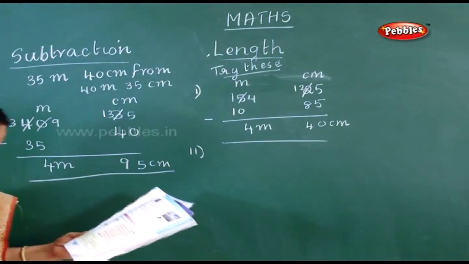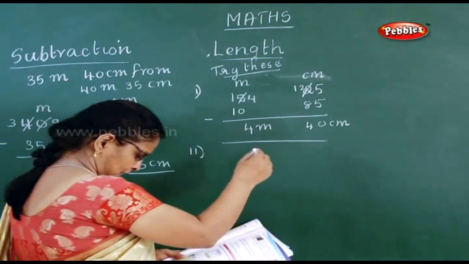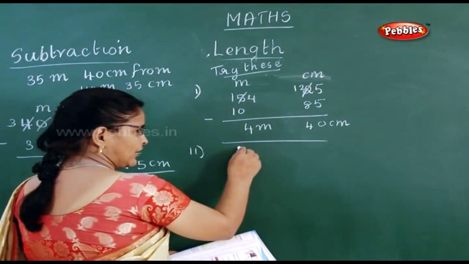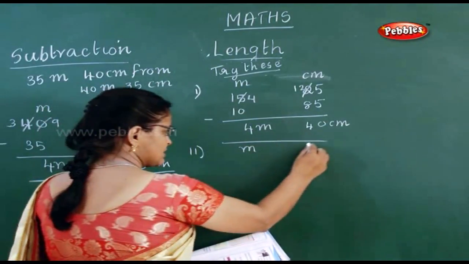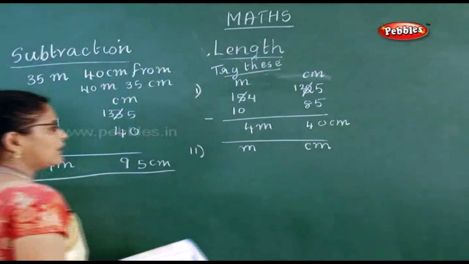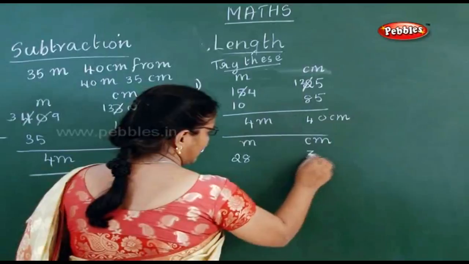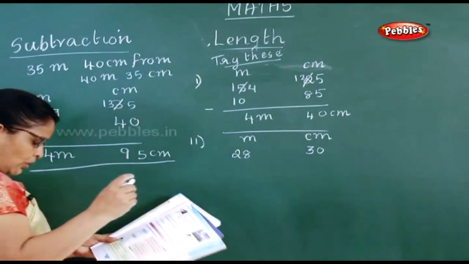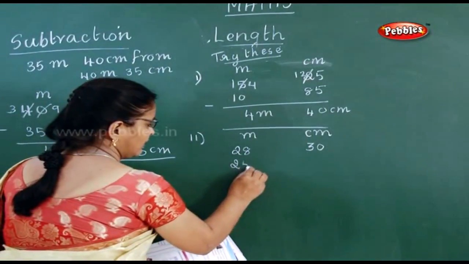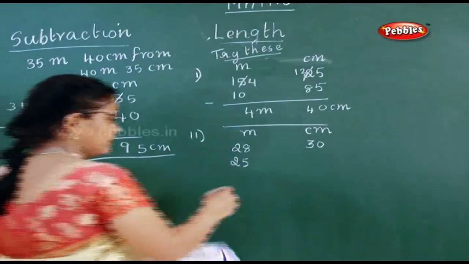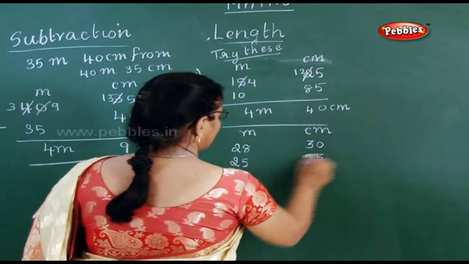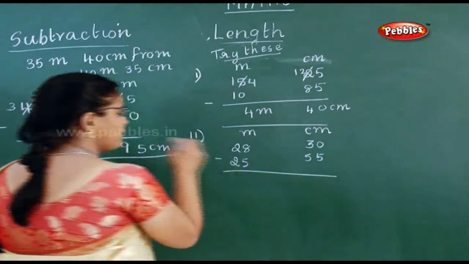Now next, the second sum. What is the second sum? 28 meter and 30 centimeter. So what you have written in the heading here? Immediately meter, centimeter. You have to be very clear with this. Now 28 meter and 30 centimeter, minus what? 25 meter and 55 centimeter. Now you have to put minus here.